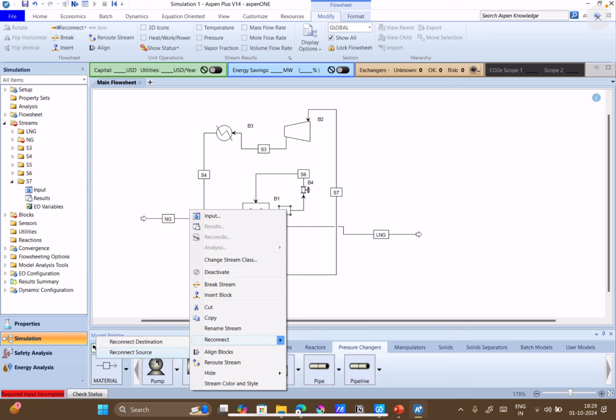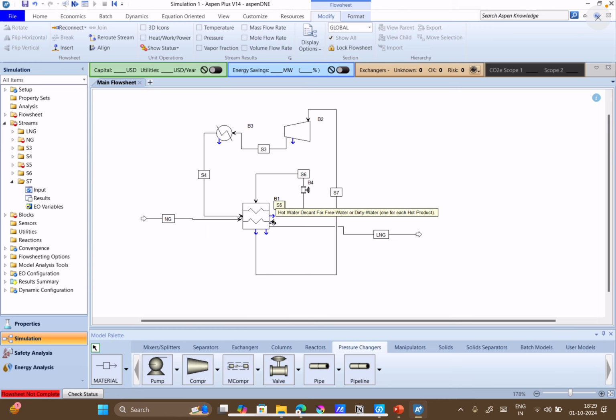Reconnect. Okay. So this is how your cycles should look like.